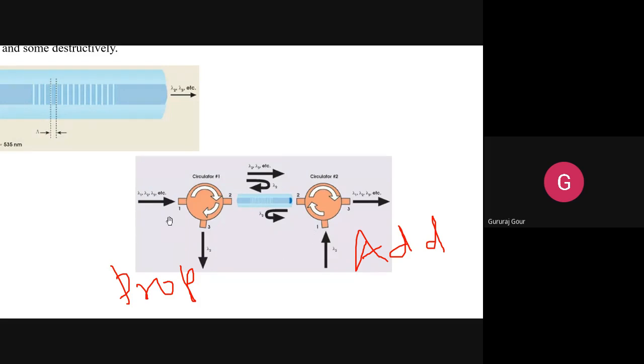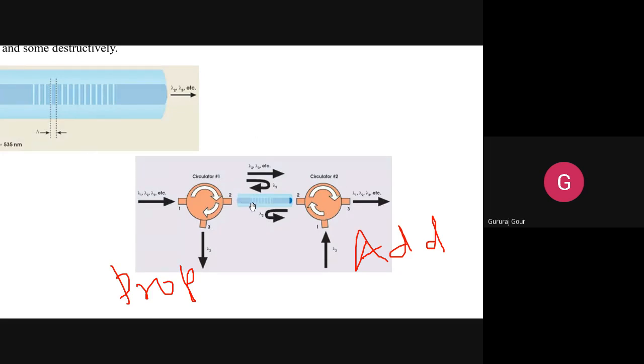Suppose we make one optical ray having three wavelengths, lambda 1, lambda 2, lambda 3, and different optical rays are entering at port 1. The wavelength entering at port 1 is going out from port 2.